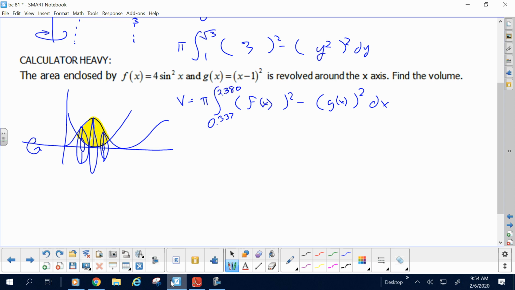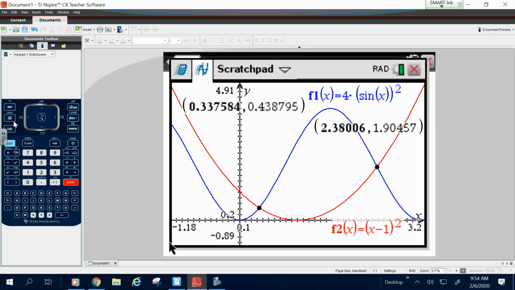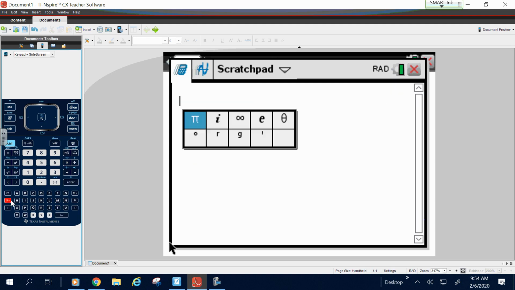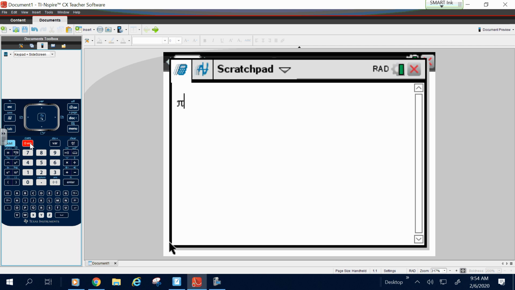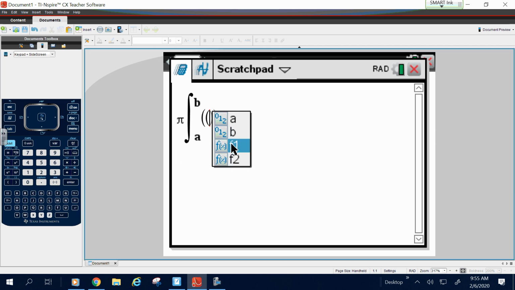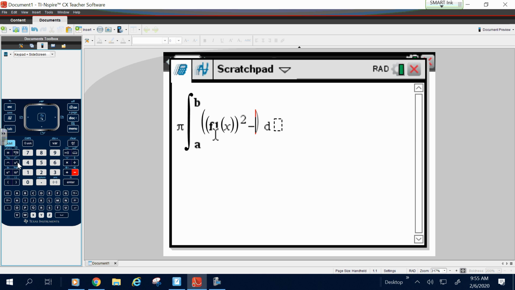Throw that into your calculator, and let's see if we can all get the same answer without error. Make sure you type in the pi first, just as you see it on your paper. Don't forget the pi. You need to have the squares right.